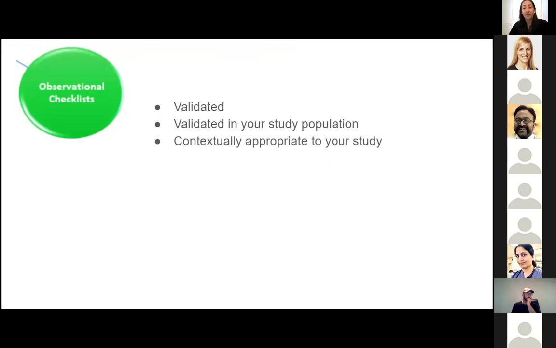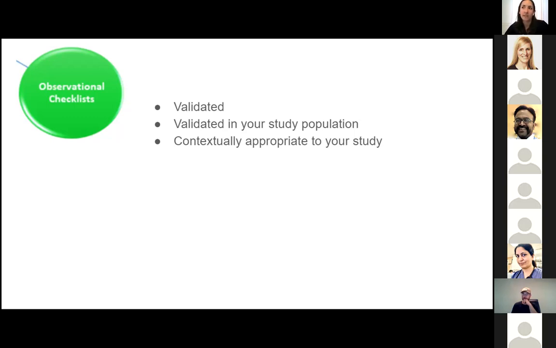So if you can find a checklist that is validated and validated in your study population, that makes everything so much easier, because you can say in the results section and the discussion of your paper, I've used a validated checklist. And so I can say with confidence that my study results are valid because I used a checklist that's already been published.